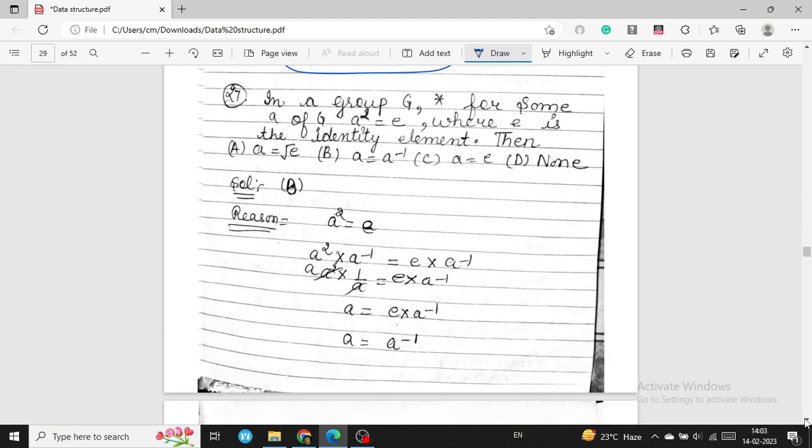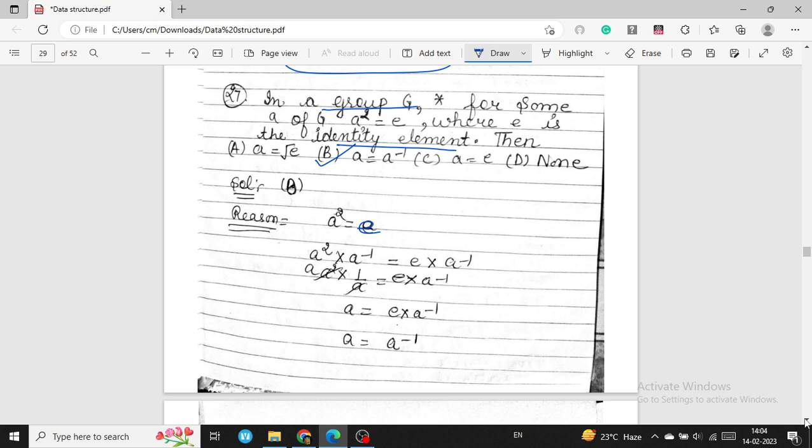And in question number 27, in a group (G, star), for some A of G, A square is E, where E is the identity element, then what is the answer? The answer is A inverse. How? A square equal to E is given. Here I am multiplying A inverse on both sides.